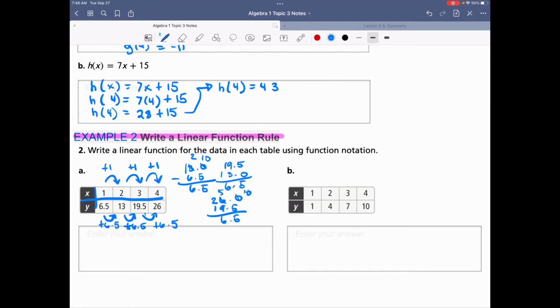What we really need is the pattern happening in the y values, because this is the rate of change.